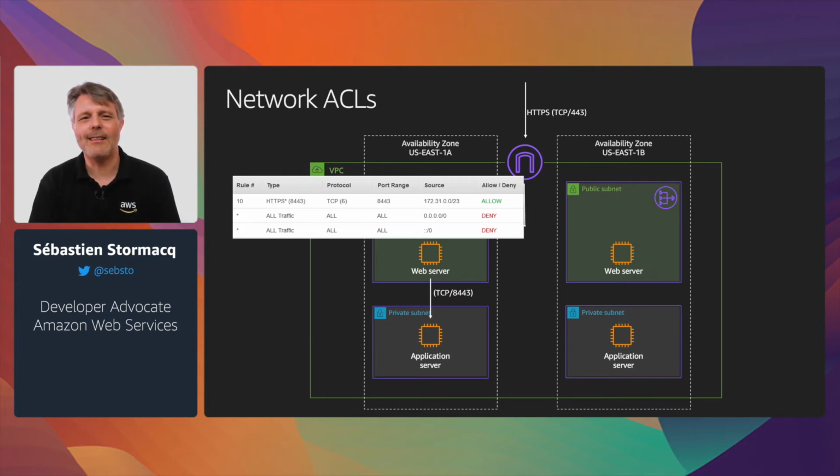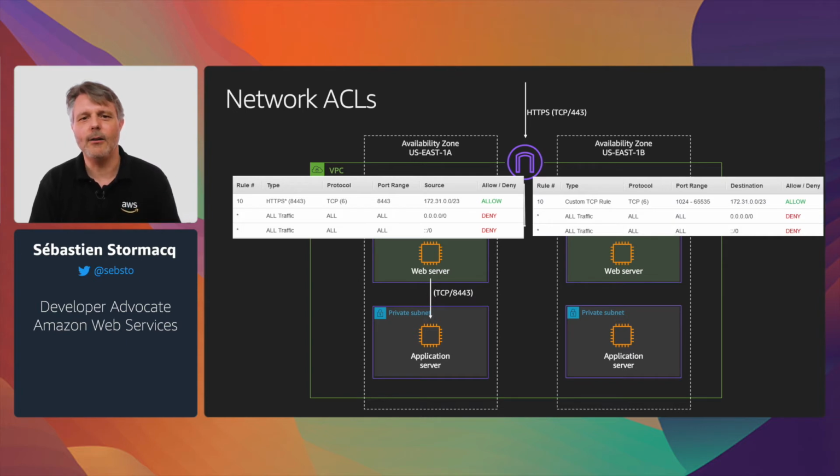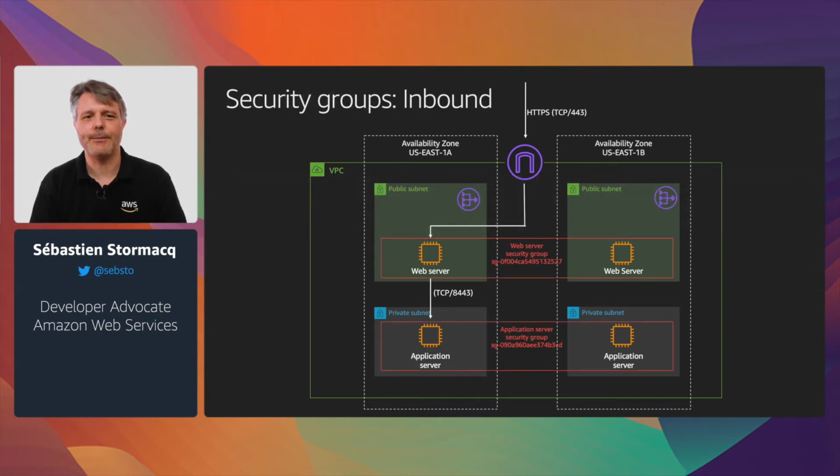And because NACLs are stateless, if I create a rule that filters the incoming traffic, I need also to explicitly allow the outgoing traffic. And for the outgoing traffic, the source port is randomly selected by the application server. So I have to open the whole port range from 1024 to 65,000-something and to any destination within my VPC. So it's the inbound and outbound NACL for my private subnet.